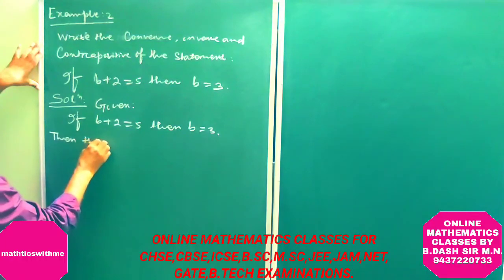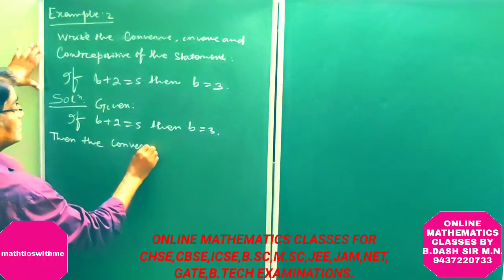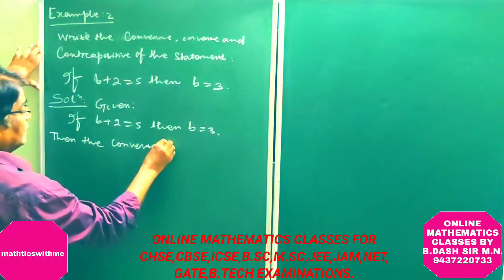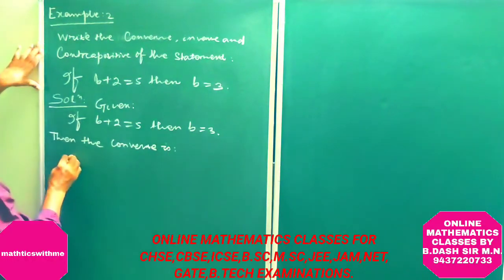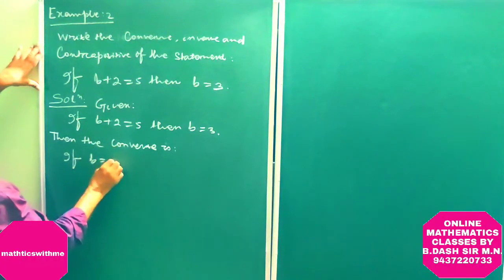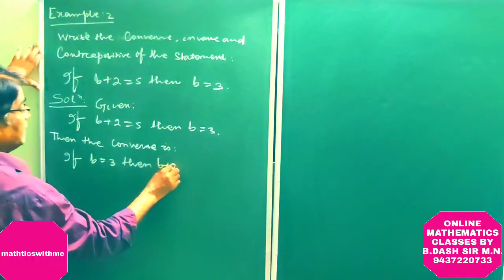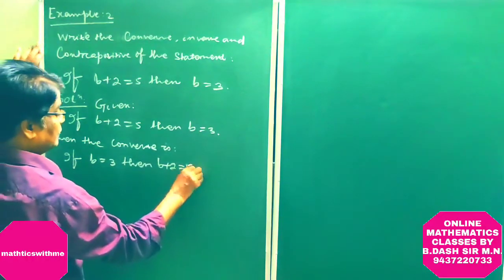Then the converse is, if b is equal to 3, then b plus 2 is equal to 5.